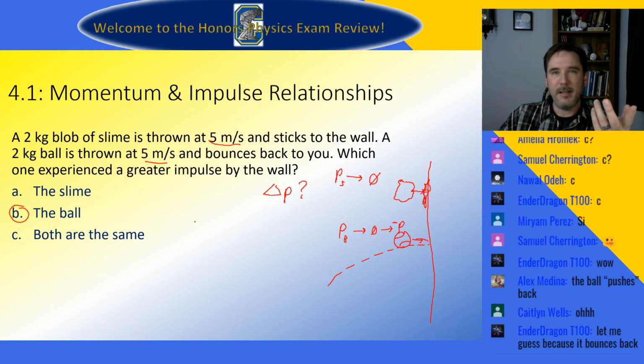If we were to somehow throw a blob of slime at a bed sheet, and we held it tight, you would actually see it not go back as far because it just takes away, it doesn't push back. So because it pushes back on the ball, the ball has a bigger change in momentum. You guys are right. I love it. Many of you had the wrong answer first and you thought about it. Because that's what this is all about, right?